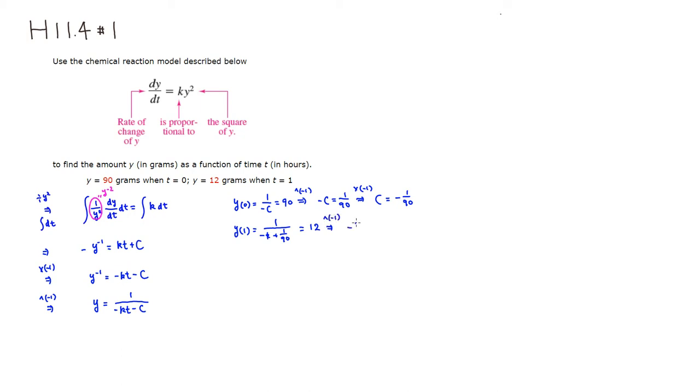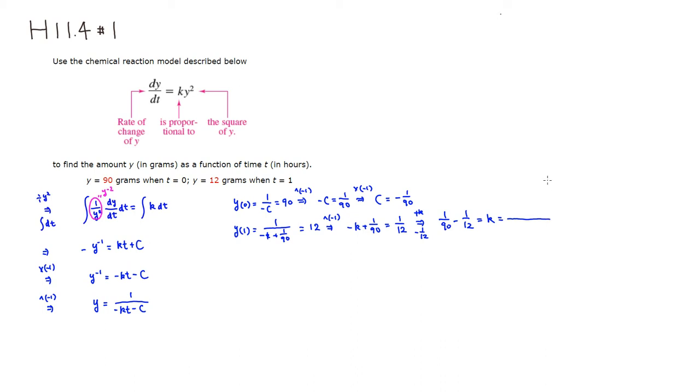Then you have negative k plus 1 over 90 is equal to 1 over 12. Then I'm going to add k to the other side and subtract 1 over 12. So we get 1 over 90 minus 1 over 12 is equal to k.